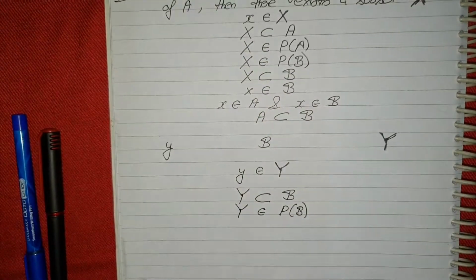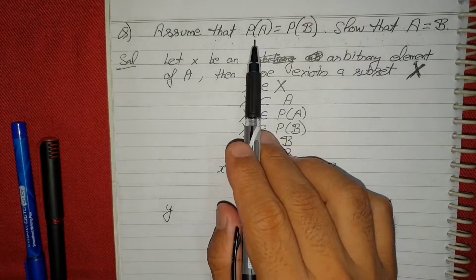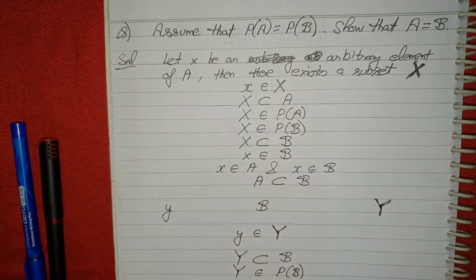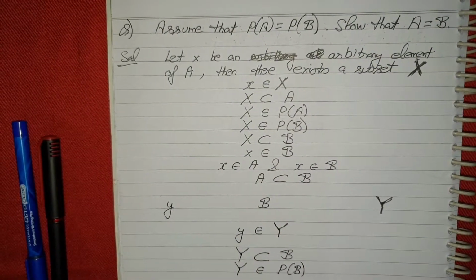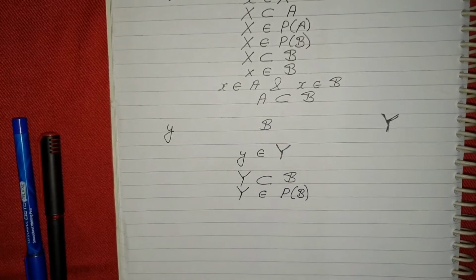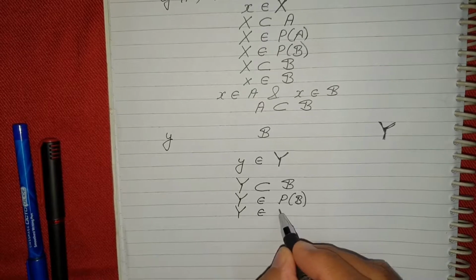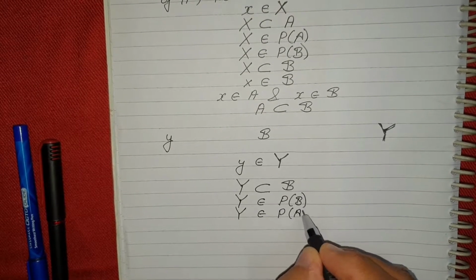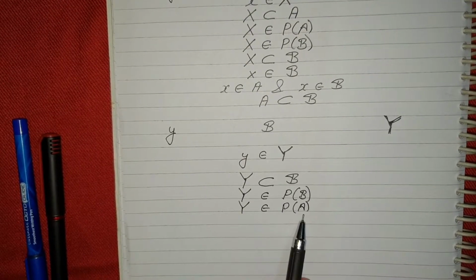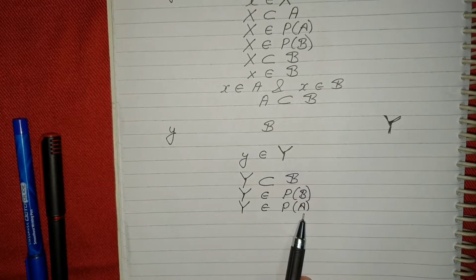Now PA equals PB. So PB, Y belongs to PA. Now this Y belongs to PA.